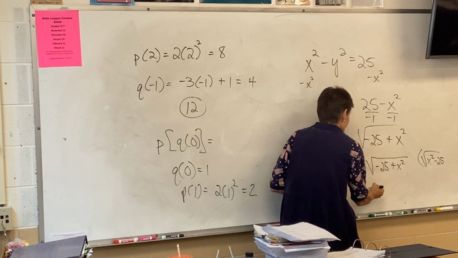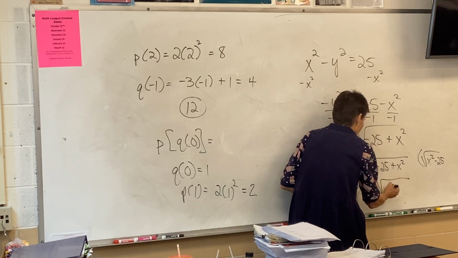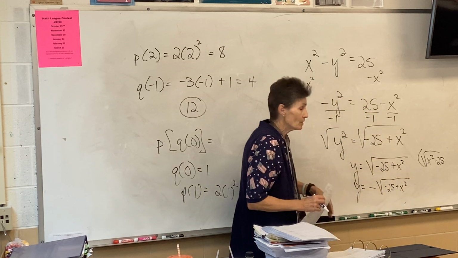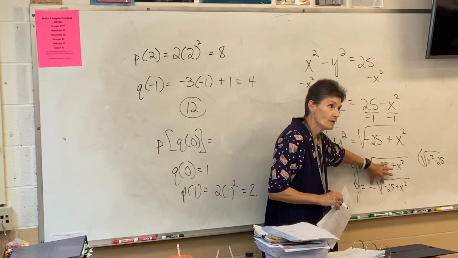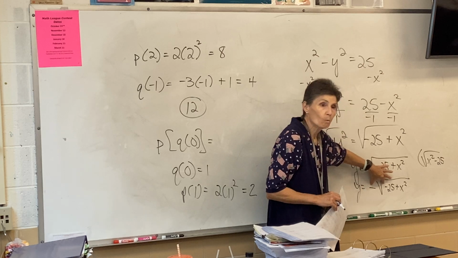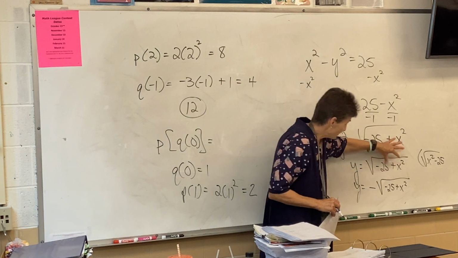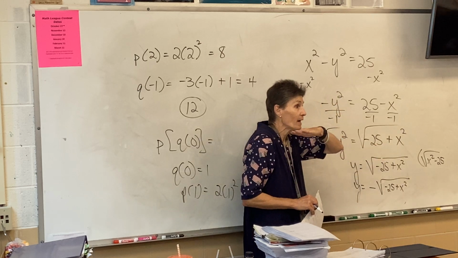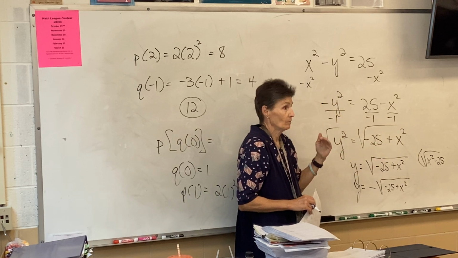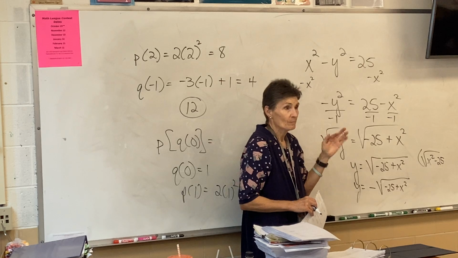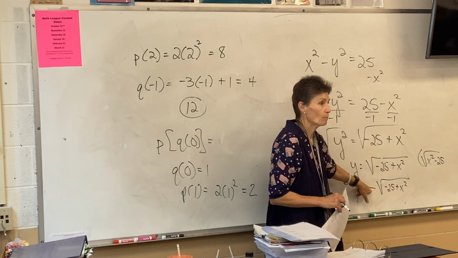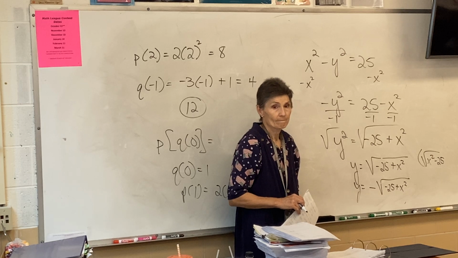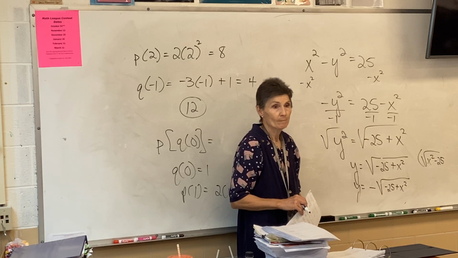Or y equals negative the square root of negative 25 plus x squared. Do these two negatives cancel? No! What did I tell you? These two radicals are always going to be identical. Identical. You're not changing a thing. The only thing you're changing is you're putting a negative in front of one of them. Okay?